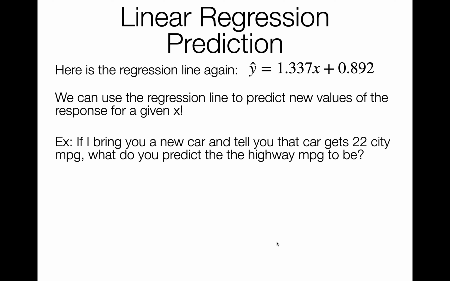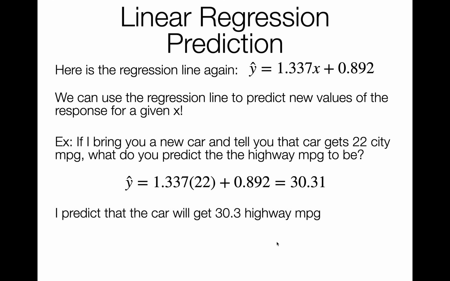All that we have to do is substitute in 22 for x and then see what pops out of the equation, for lack of a better term. When I substitute in 22, I get out 30.31. And so, what does that mean? I predict that that car, which I can't see, would get 30.3 highway miles per gallon.